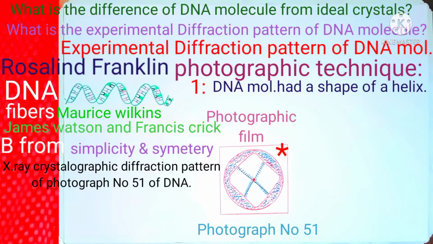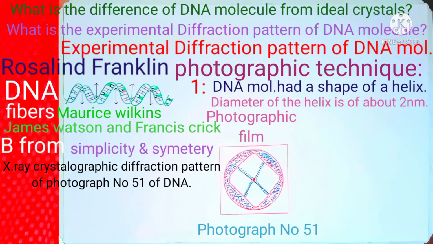The X in the X-ray photo is the signature pattern of a helix. Because the X-ray pattern is so regular, the dimensions of the helix must also be consistent. For example, the diameter of the helix remains the same, about 2 nanometers. That is the second notable point of Rosalind Franklin's X-ray diffraction pattern.